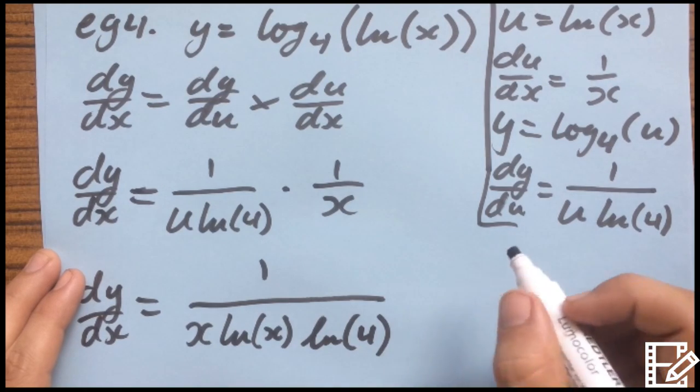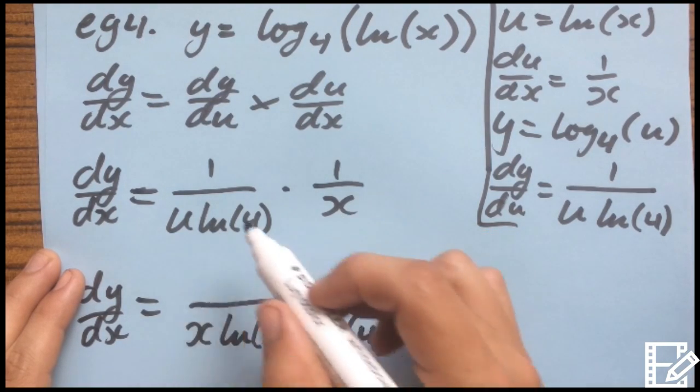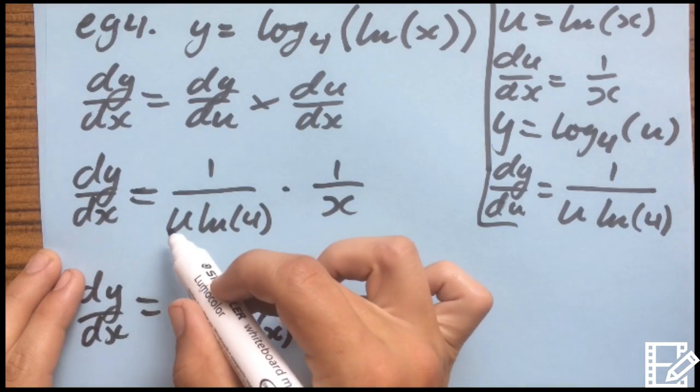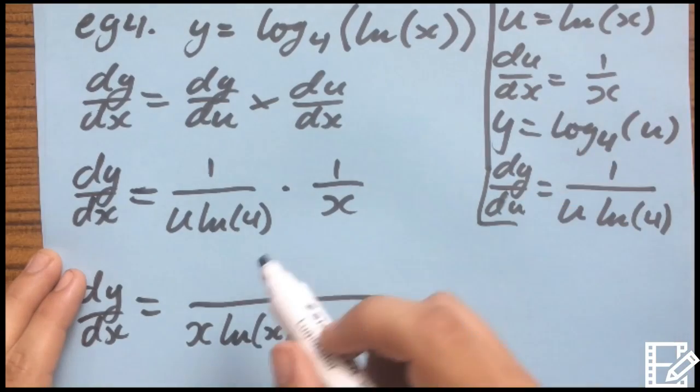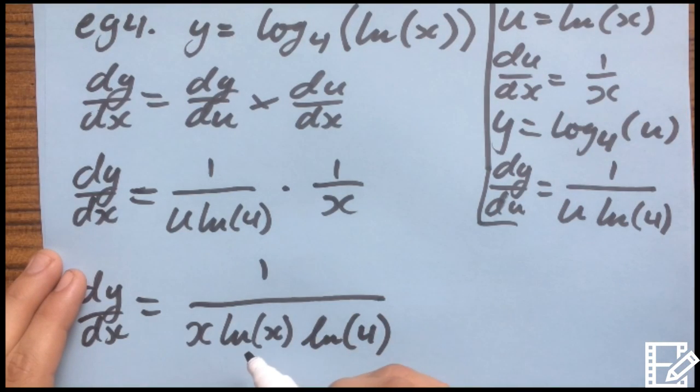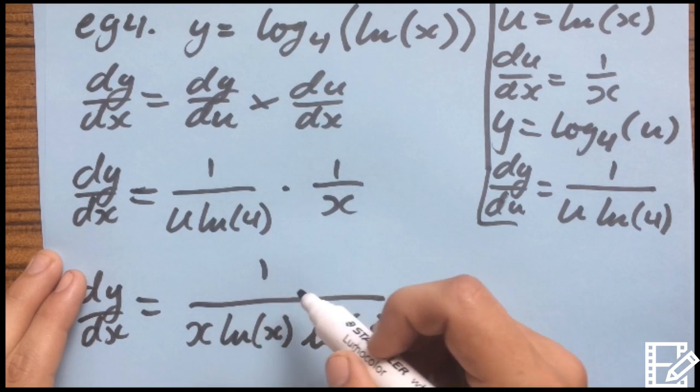How did I get this? Well, I multiplied x in, so it would be x multiplied by u multiplied by ln of 4. Then I subbed in u, so it ends up being x multiplied by ln of x multiplied by ln of 4, all under 1 obviously.